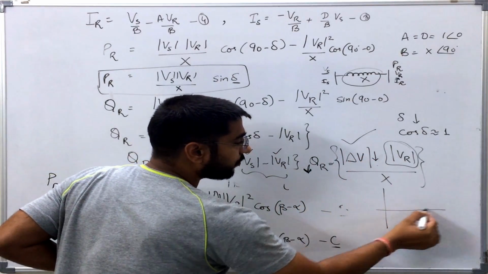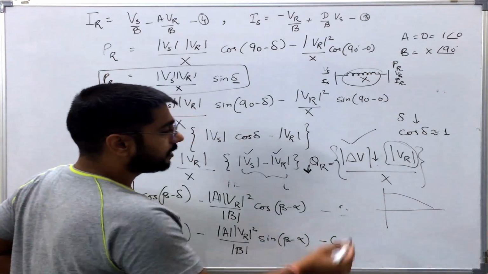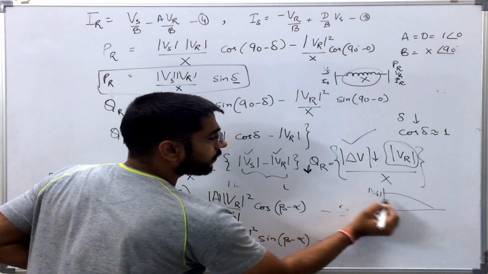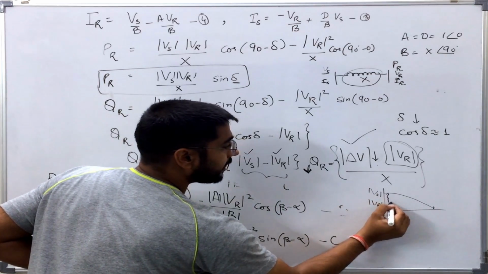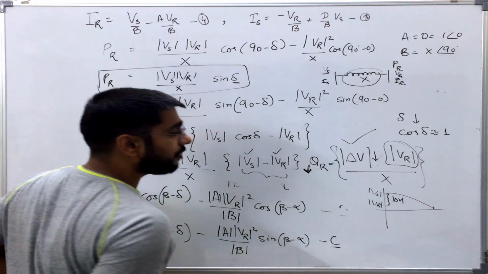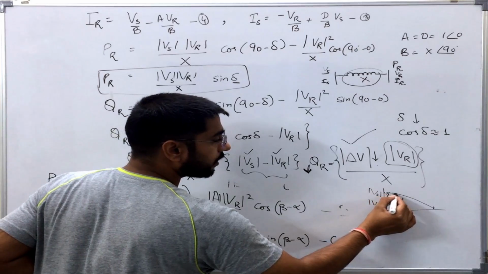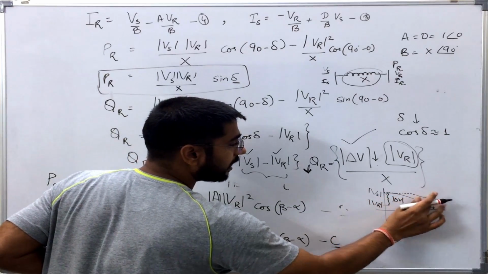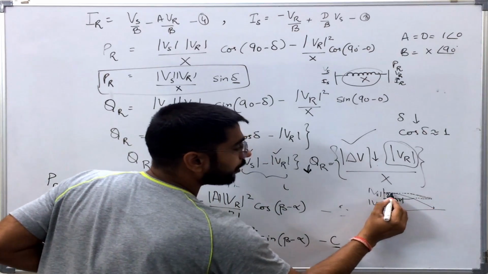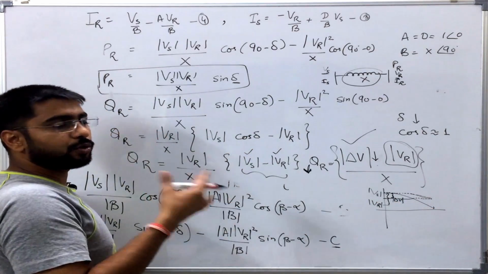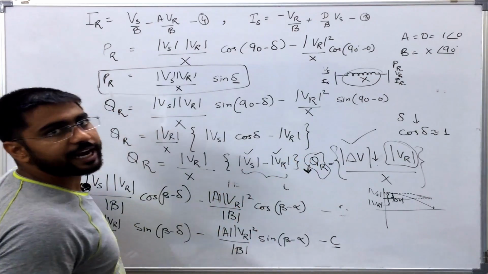That is, the voltage profile, let us say, is like this. This is Vs and this is Vr and this is delta V. Now if I want to reduce this gap, that is, I want to get this kind of voltage profile, I am trying to reduce this delta V. What I should do is reduce the demand of reactive power on the line.